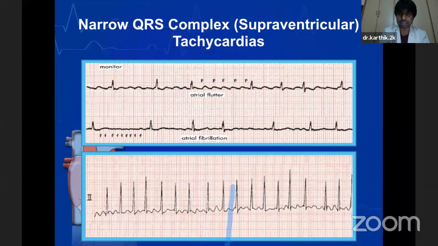The atria are beating at their own rate, and at a very fast rate, some of these impulses are conducted across the AV junction and stimulating the ventricles, which are again beating at their own, different rate. So there is a discordance between the rate of the atria and the rate of the ventricles. So this is an atrial flutter again, because the P waves are prominent.